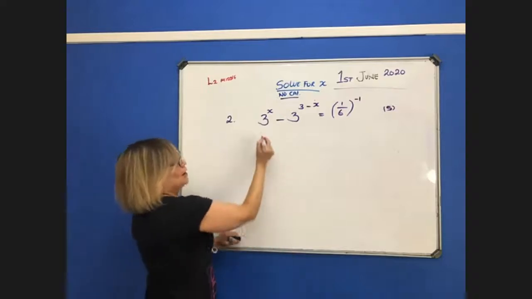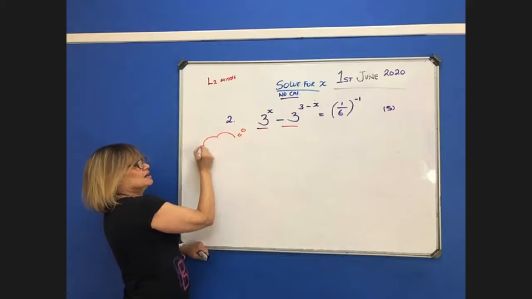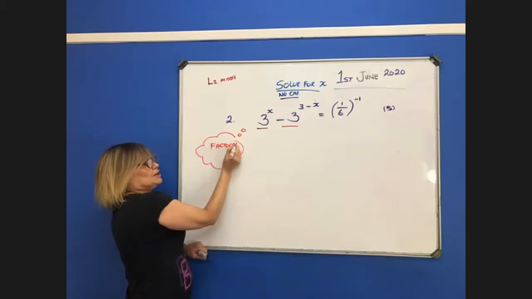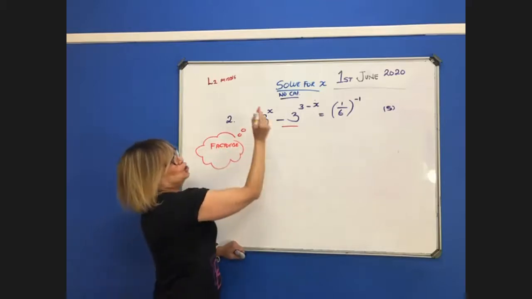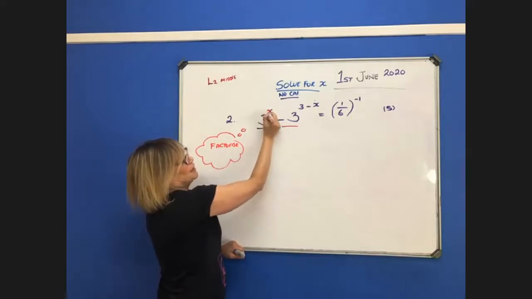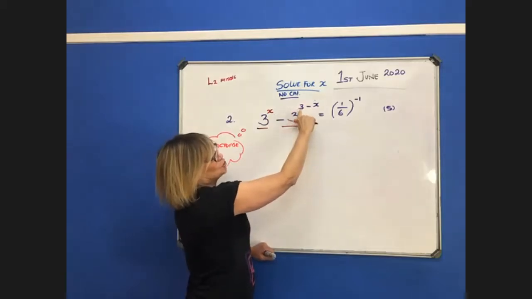But step 1, I have terms. So I know that I am going to factorize. Number 2, look at the variable exponent. You see that is a plus 1x. I'm not interested in that constant.